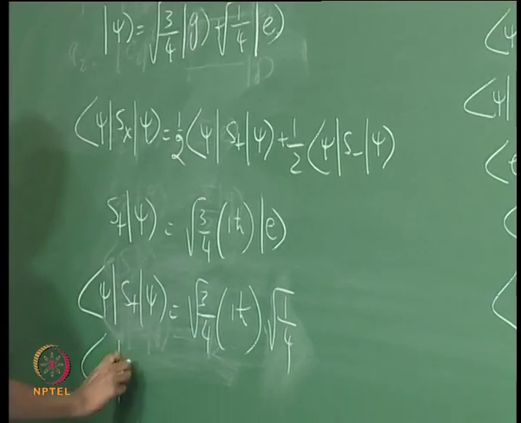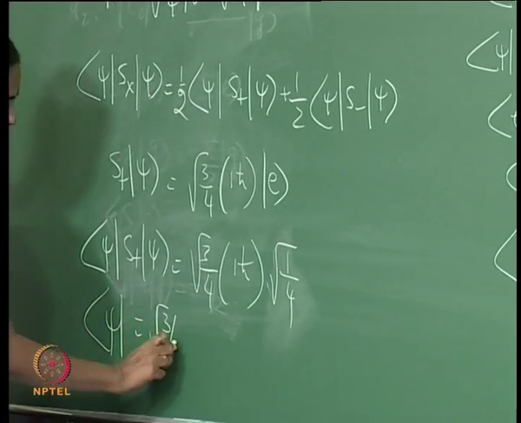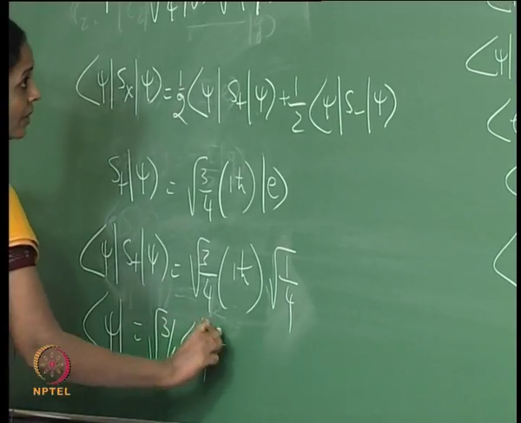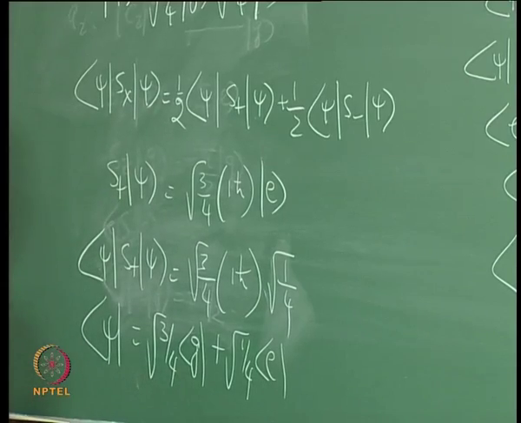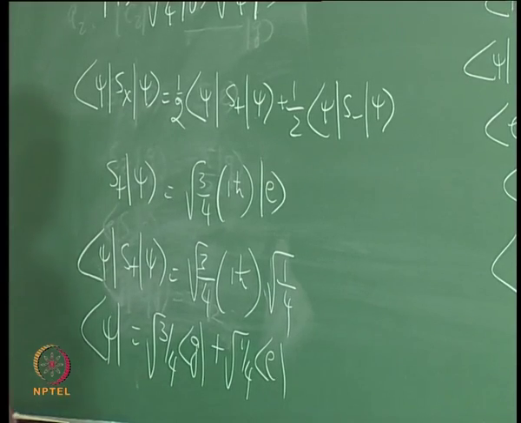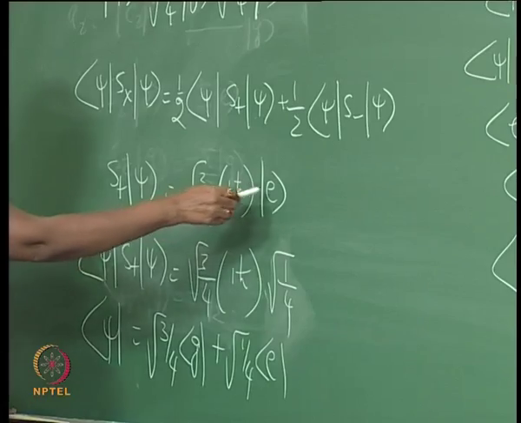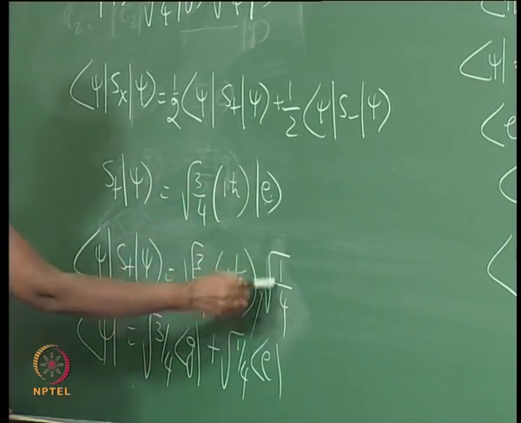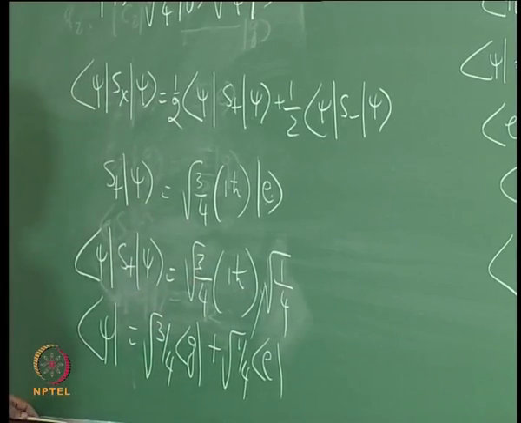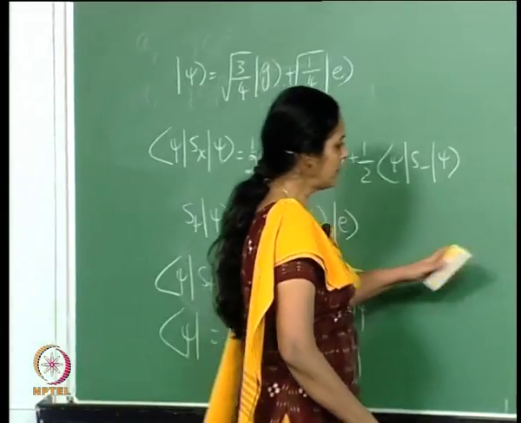Recall that bra psi is root 3 by 4 bra G plus root 1 by 4 bra E. So what contributes would really be this combination, which gives me root 3 by 4 root 1 by 4 times 1 h cross.